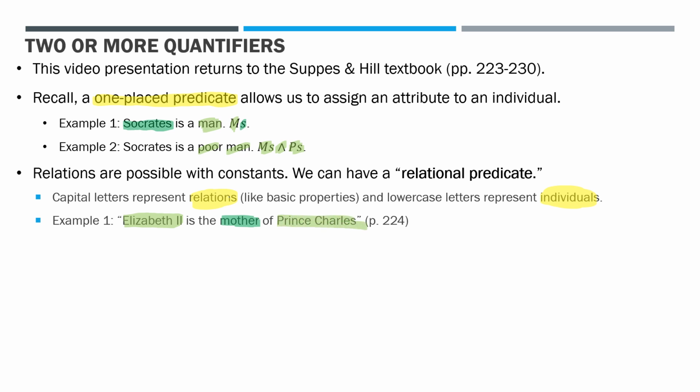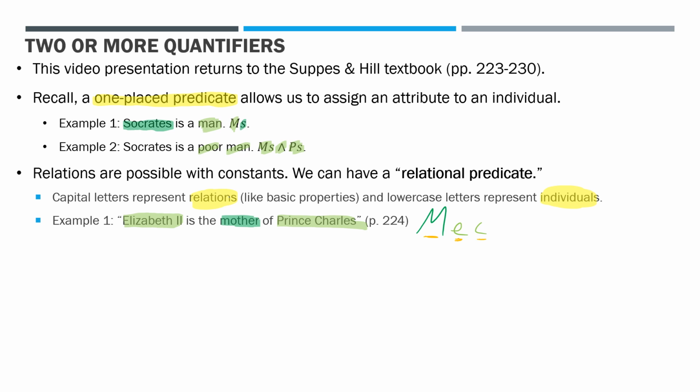So the relation is mother, and thus we will give that a capital letter, such as M. We have two individuals. We have Elizabeth II, we'll give that lowercase e, and we have Prince Charles, we'll give that a lowercase c. And so we have Elizabeth II is the mother of Prince Charles.